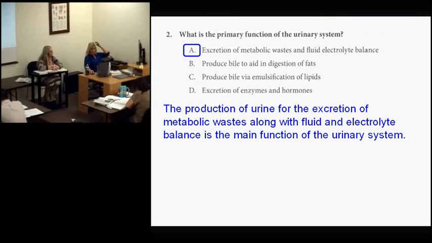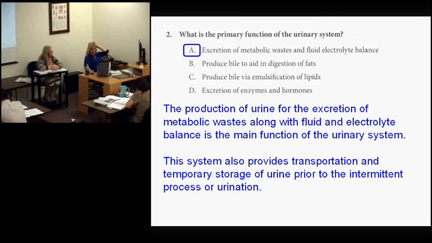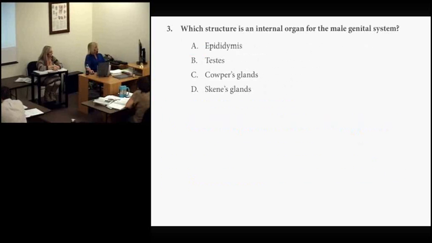The production of urine for the excretion of metabolic waste along with the fluid and electrolyte balance is the main function of the system. The system also provides transportation and temporary storage of urine prior to the intermittent process of urination. It is one of the cleanest fluids that will ever leave your body. Urine is very sanitary.